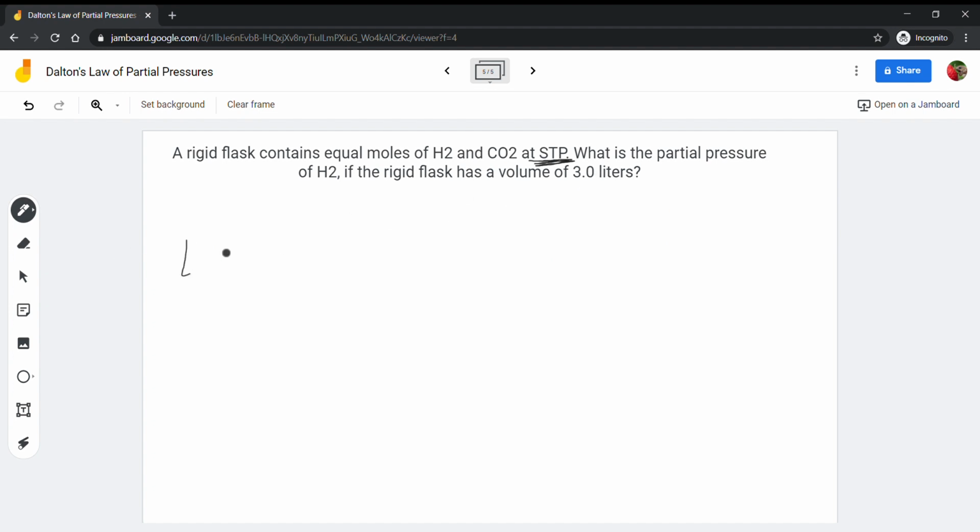So 1 multiplied by 3 liters is equal to the number of moles, which is what we're trying to solve for, times 0.082. This is the gas constant. Again, it's covered in my previous video. And 273. Looks good. Now we just solve for n.